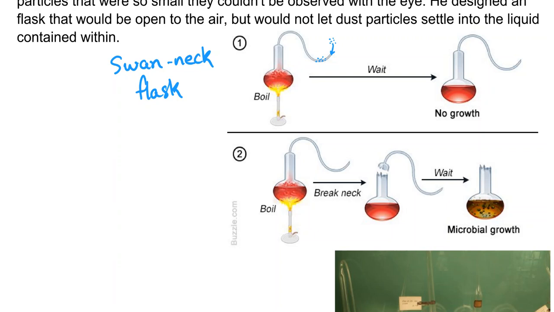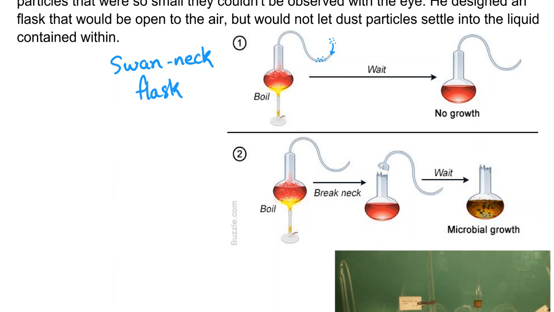Now he did the same experiment with straight neck flasks, a lot like Needham and Spallanzani did. And when he used the straight neck flasks, the dust settling into the liquid brought with it microorganisms, and so the food spoiled.